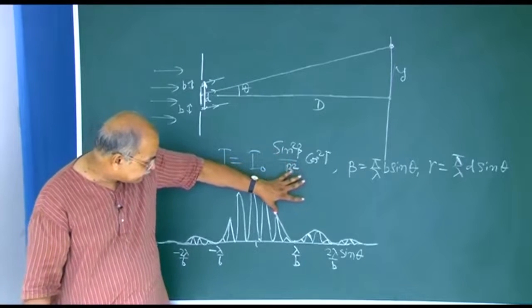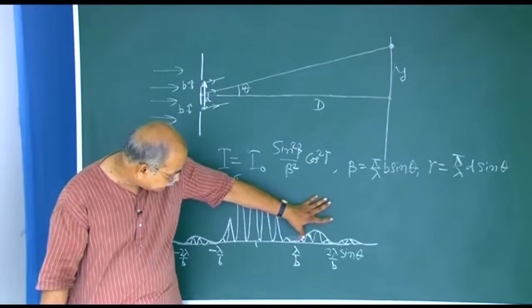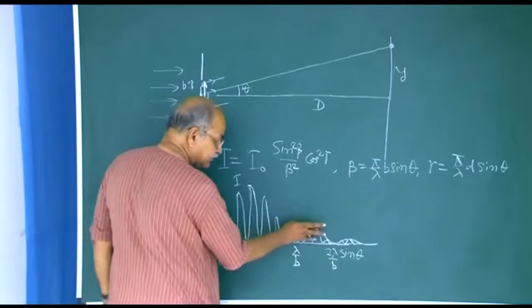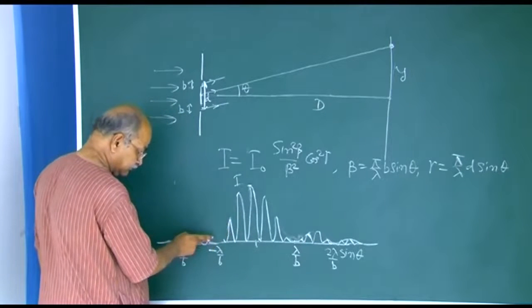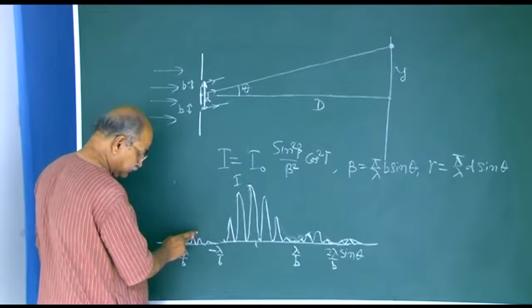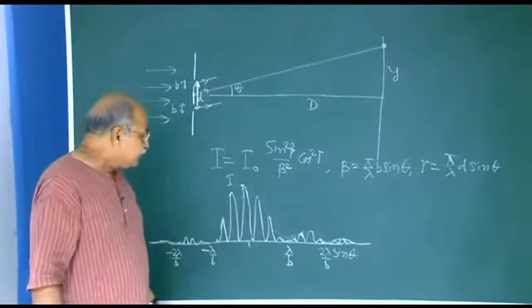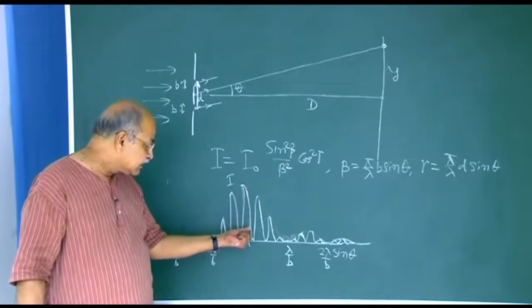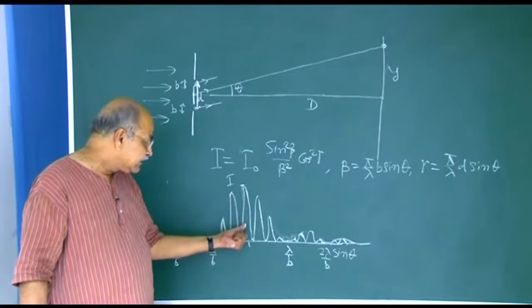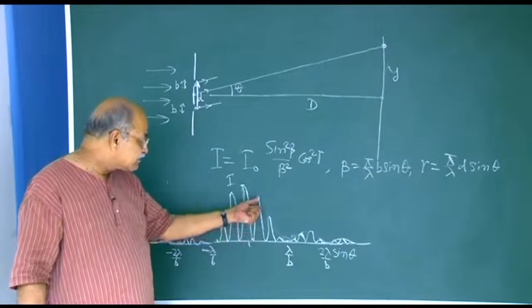This is the graph of intensity as a function of sin theta, like this. This is the kind of intensity variation. So you have a central fringe here, quite bright, and then adjacent fringes, somewhat less bright.